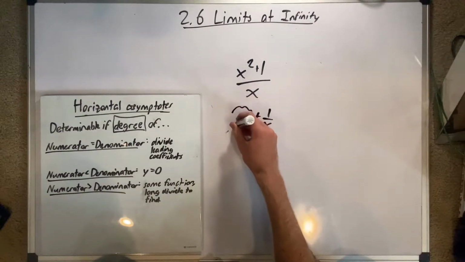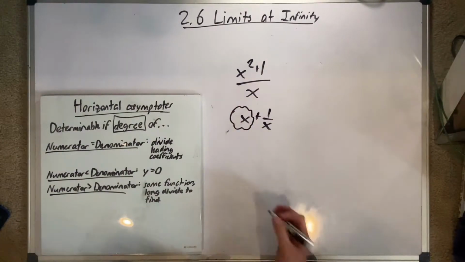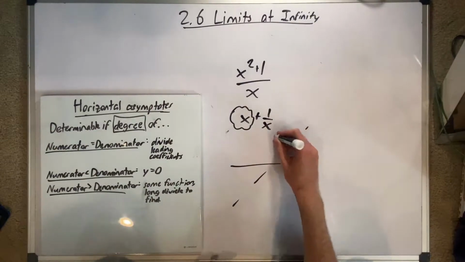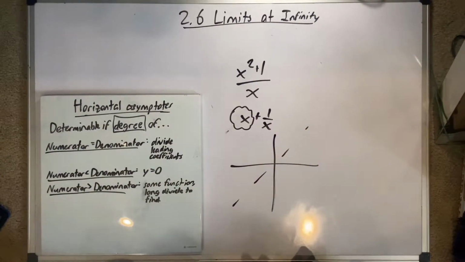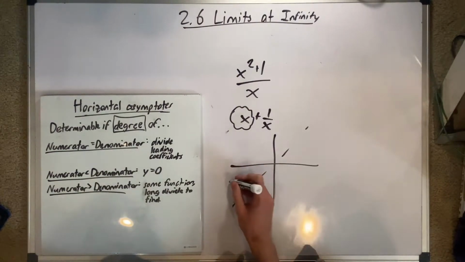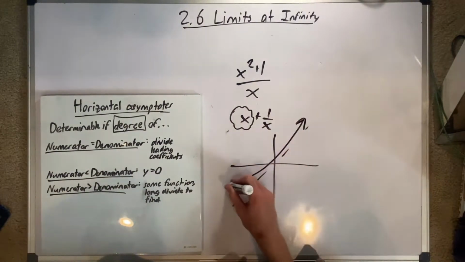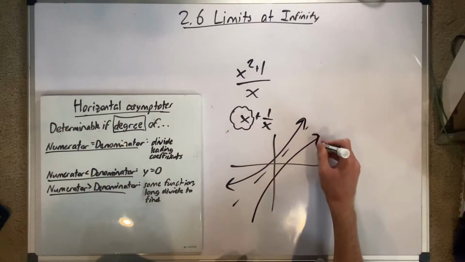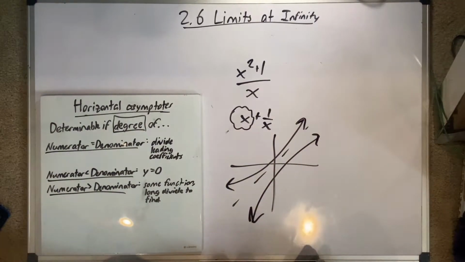This here would be your slant asymptote. It would be a line that goes upwards like this from the origin. And then this would be your remainder. So remainder in this case is not very helpful. But all that means is that as this function progresses, you'll see something like this, and then something like this, or something along that line.